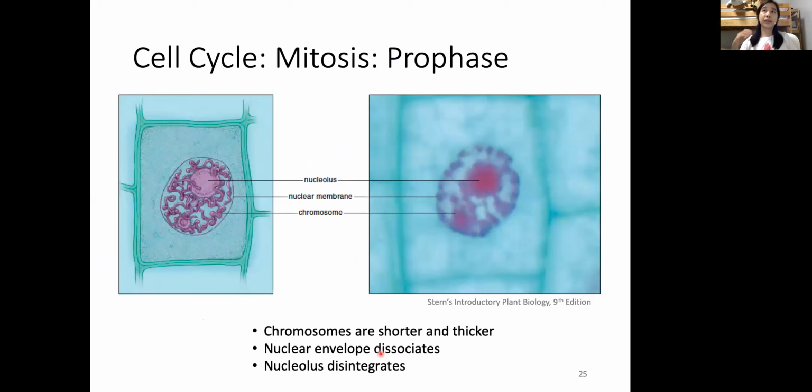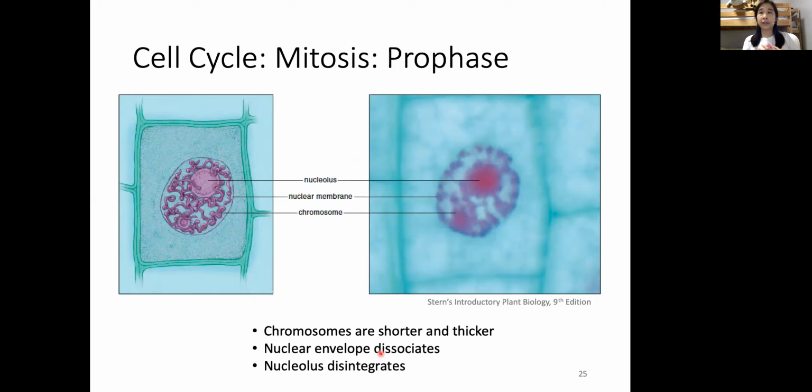So let's get into the prophase, which is the first stage of mitosis. During the interphase, the DNA cannot be visible because the chromosome is relaxed. Everything is sparse and you cannot see any DNA.